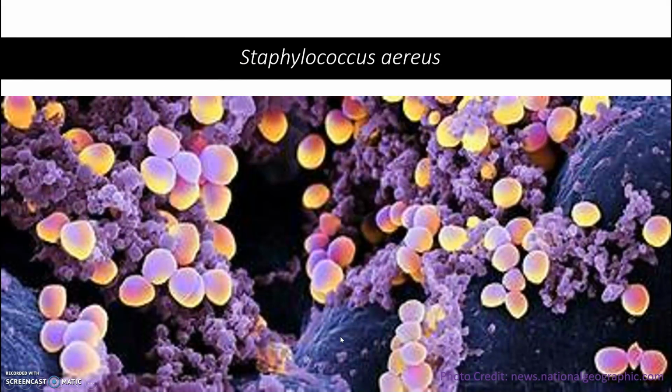So here's the visualization. Pretty picture of Staphylococcus aureus. Oh, you thought that was a grape tree? No. Staphylococcus aureus. Some information on Staphylococcus aureus: it is a gram-positive coccus that's arranged in clusters. You can see from the purple little circles that they're gram-positive.